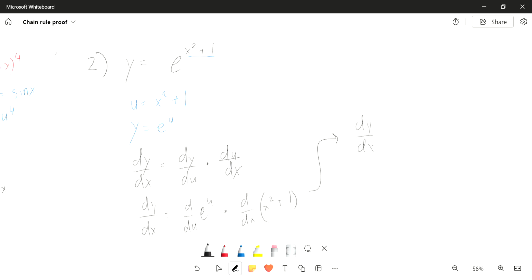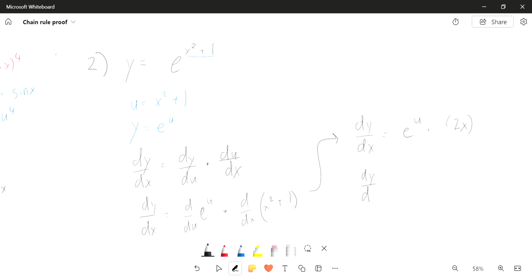As we found out in a previous video, e to the power of x is the derivative of itself. So this derivative just becomes e to the power of u. And then the derivative of x squared plus 1 is 2x plus 0, because the derivative of any constant is 0. So this just becomes 2x.